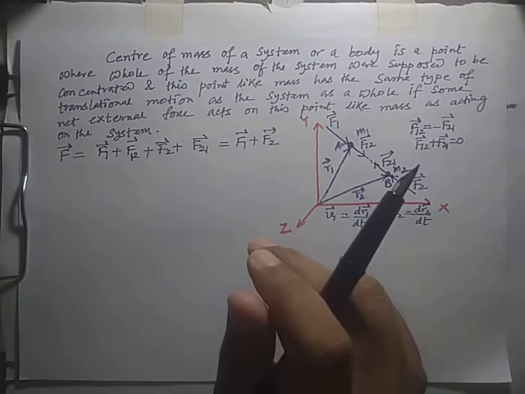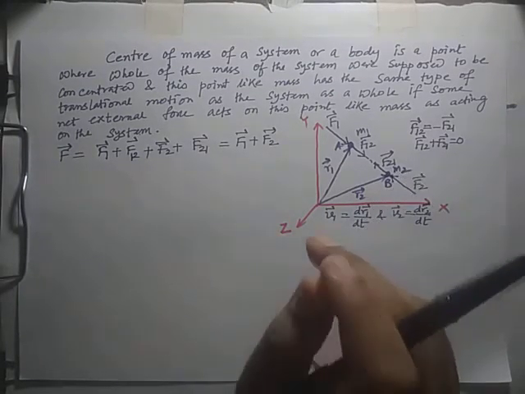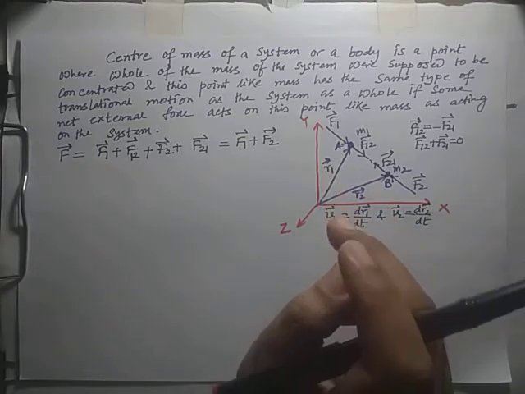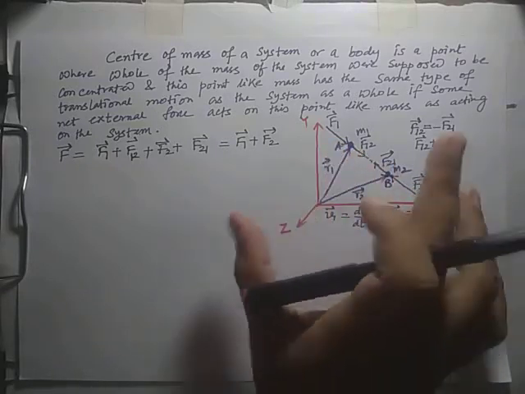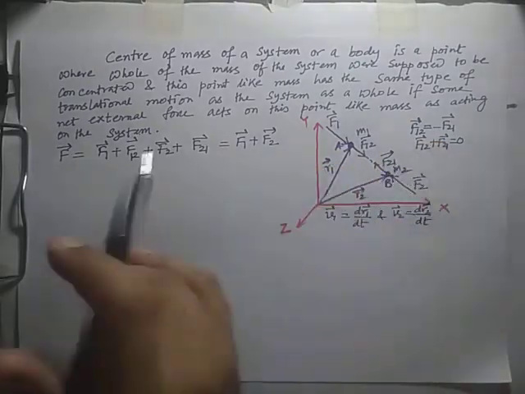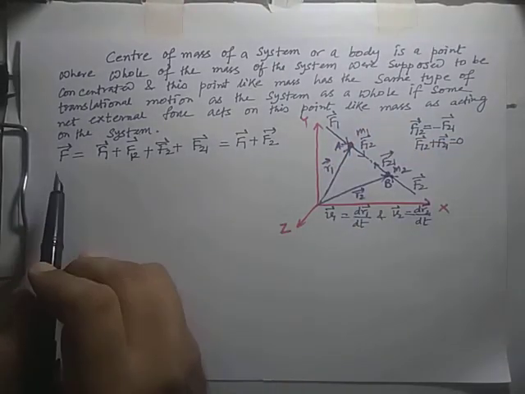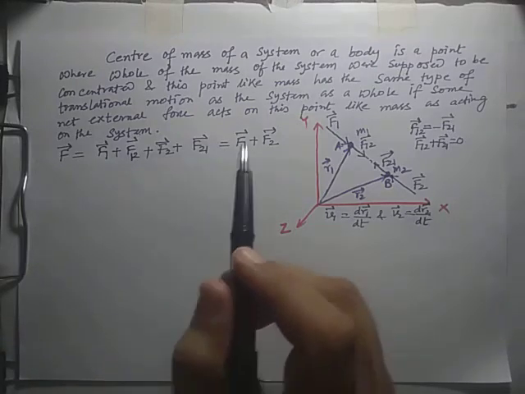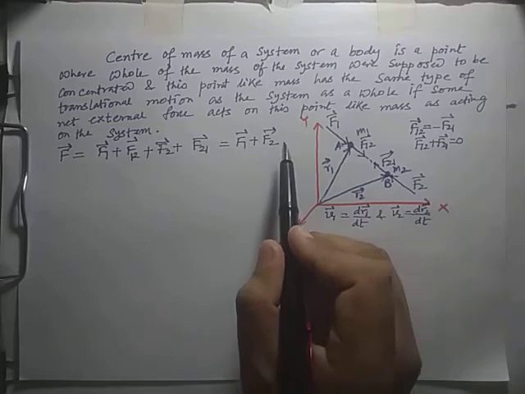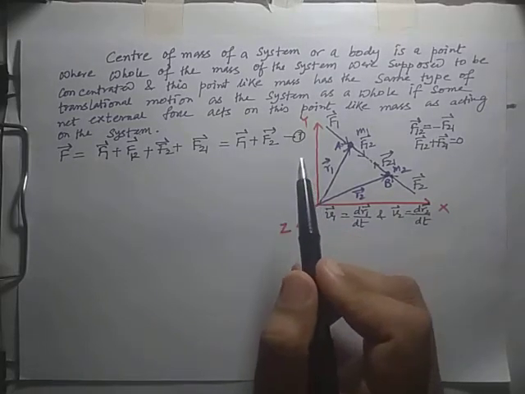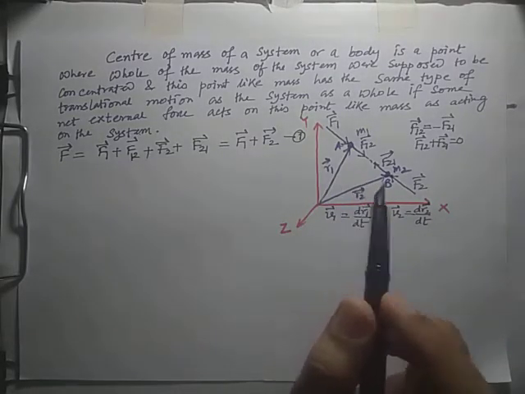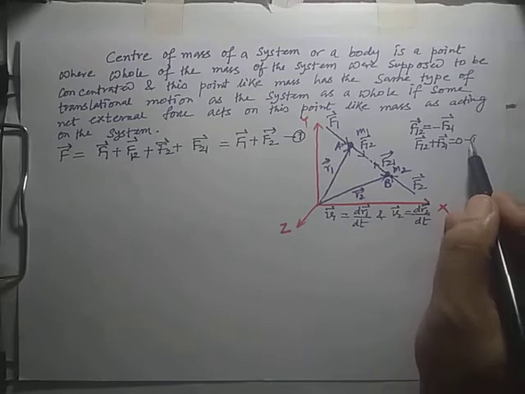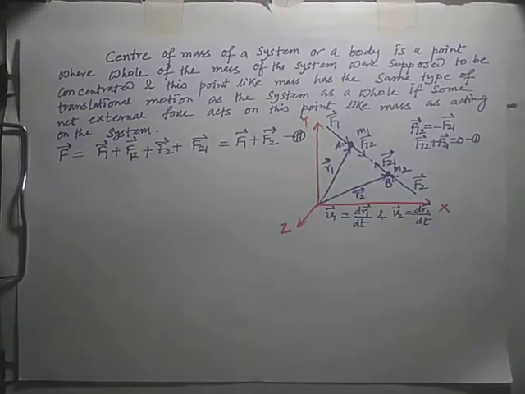Now, according to Newton's second law of motion, A and B, there are two particles, some forces are applied on this one. So net force on F1 and F2, what you can write about this? Okay, so for that we'll give the name of the equation as equation number 1 and equation number 2.